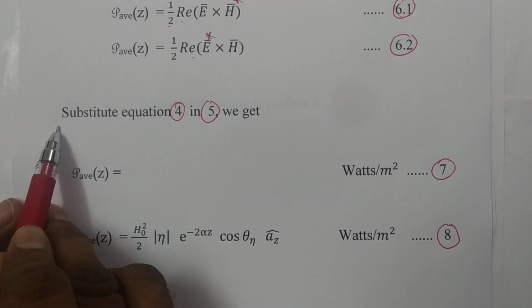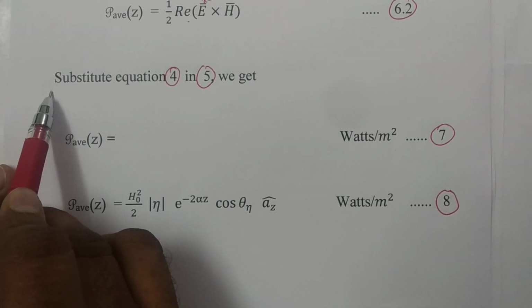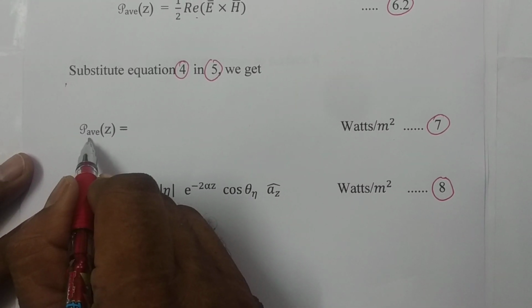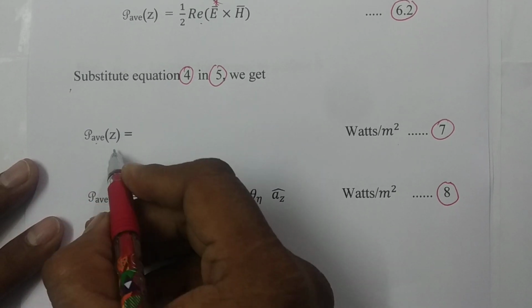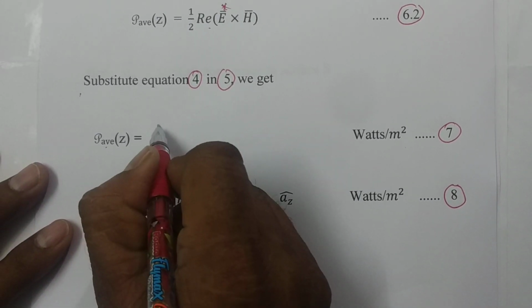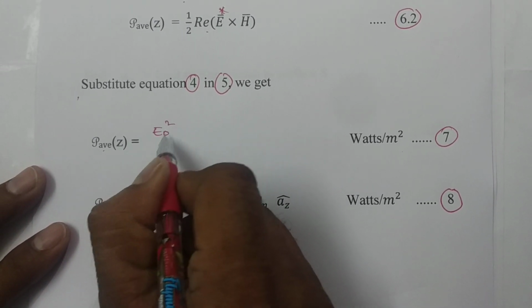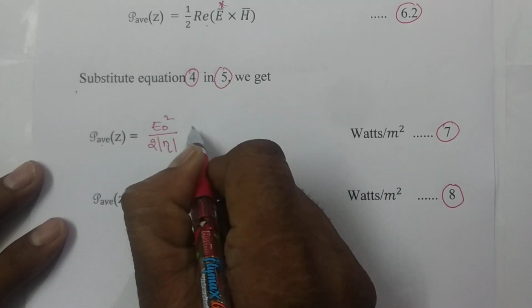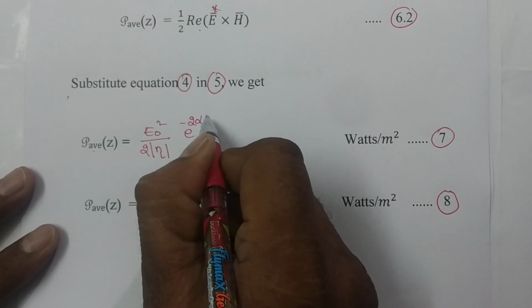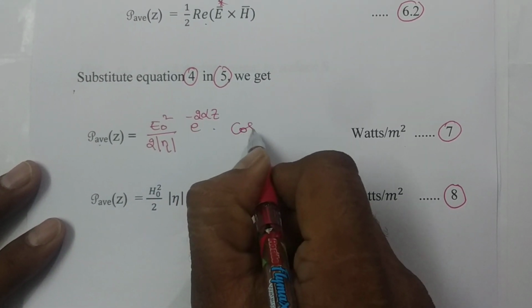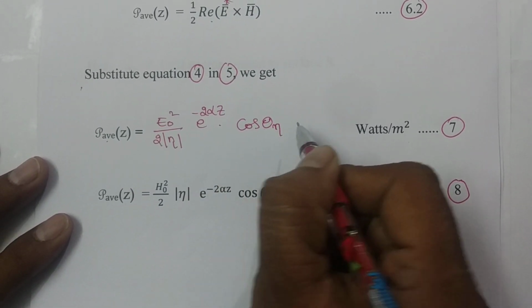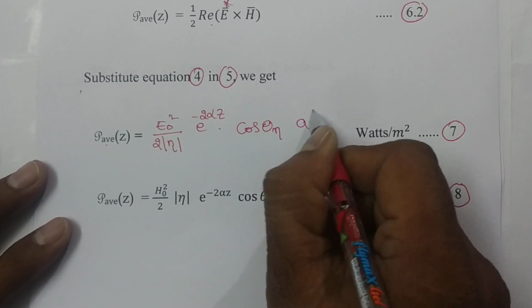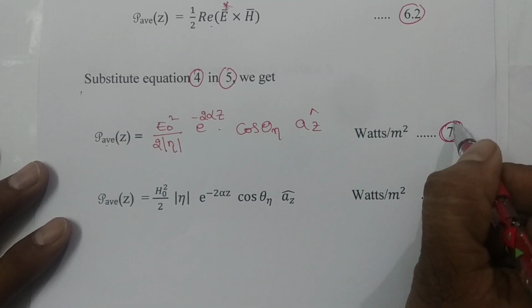Substitute equation 4 in 5, we get the average Poynting vector P average of z is equal to E naught square by 2 modulus of eta e power minus 2 alpha z cos theta angle subscript theta Az cap, given by equation number 7.